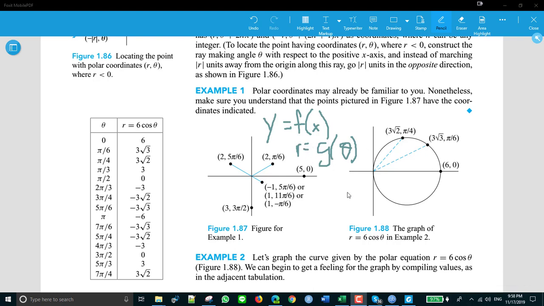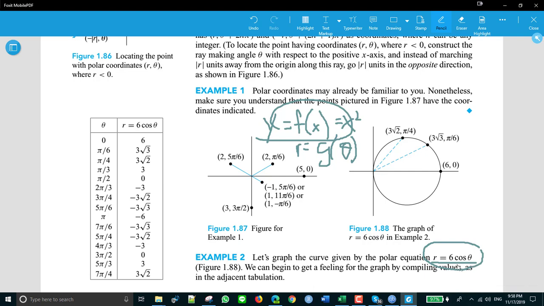So here's an r as a function of theta. Just like we might ask what the graph of this looks like, we could ask what the graph of this looks like. So how do we do that? We just put in different theta and figure out what the r is.